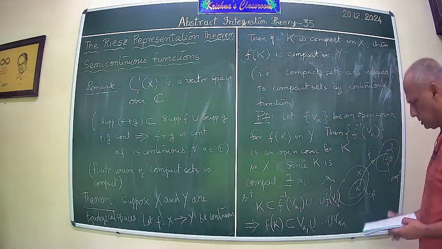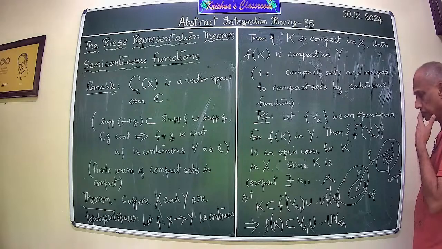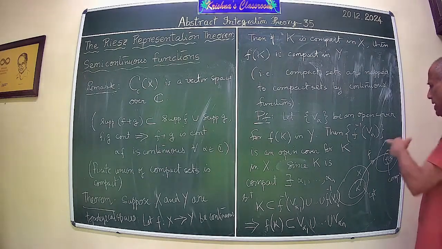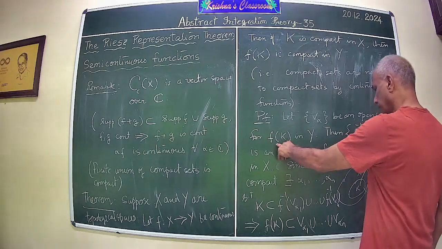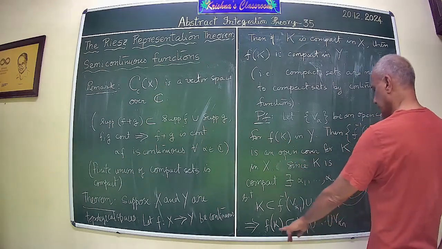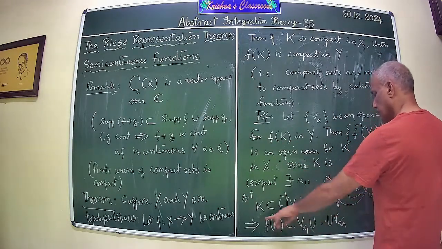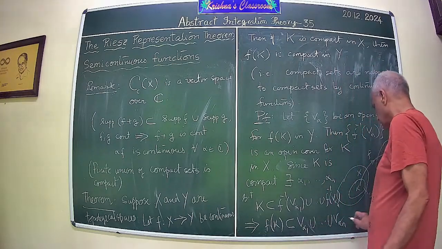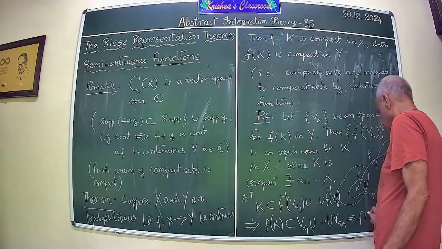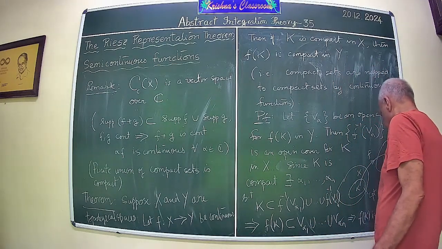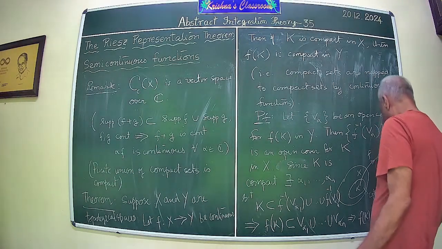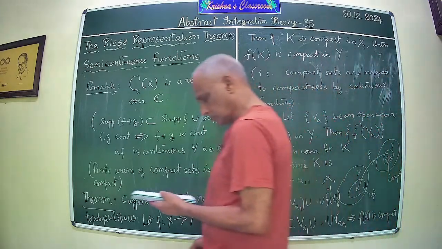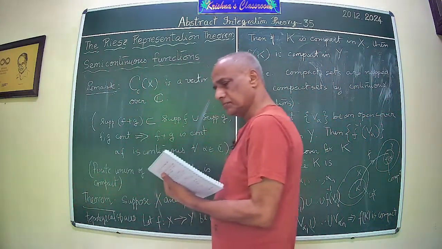That means we have proved that if B alpha is an open cover for f(K), then it has a finite subcover. Therefore f(K) is compact. That's a simple result.